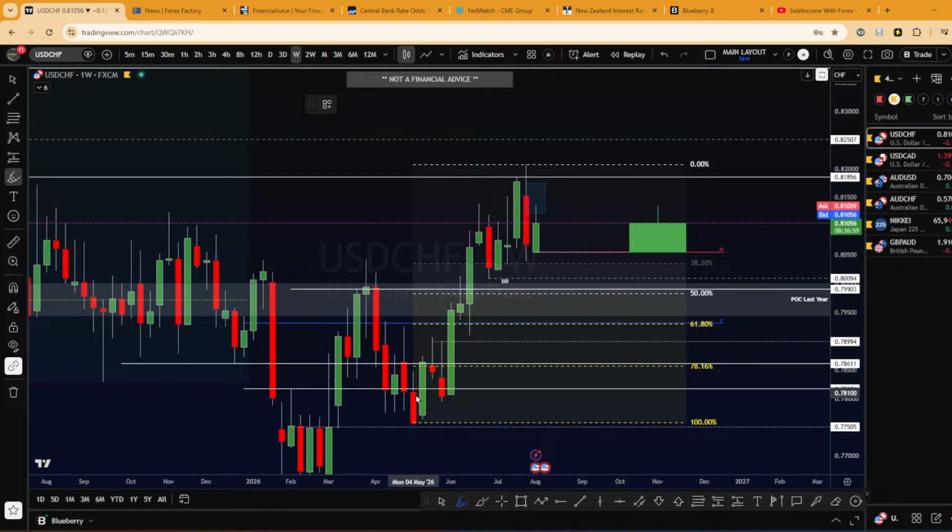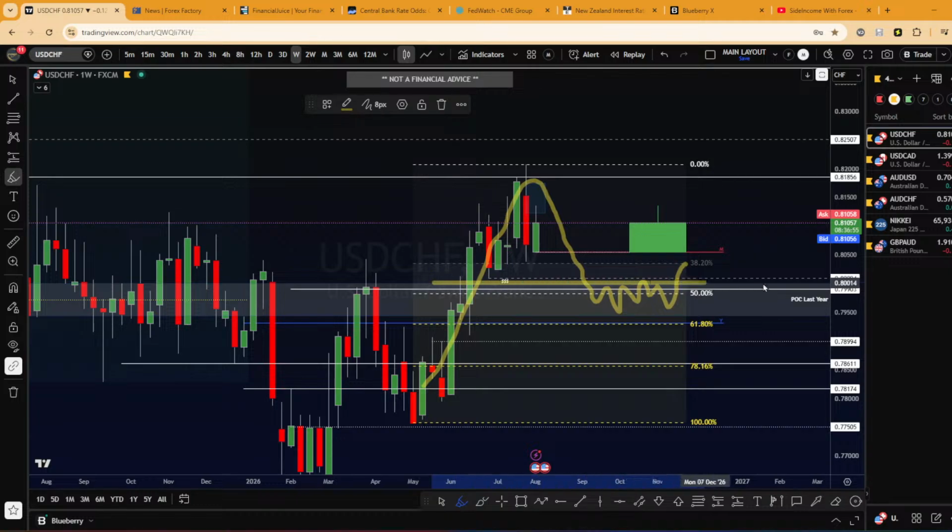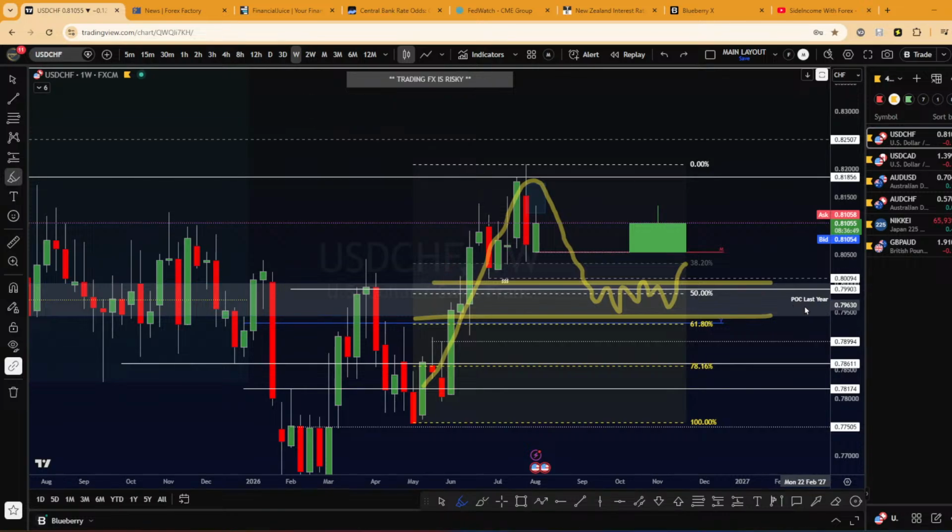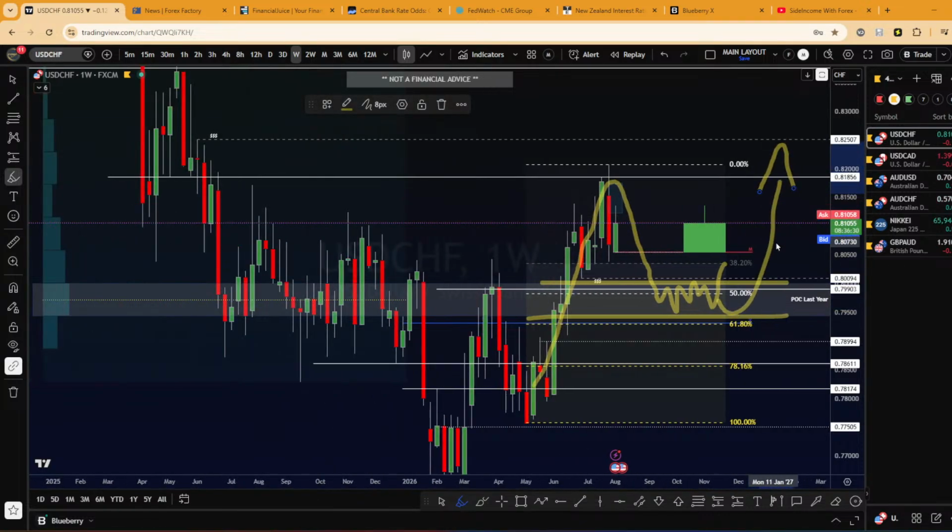We retrace around here, we hold above this gray zone, which represents the point of control from last year. I'm using a volume profile to mark this up. For those of you who don't know that, go look at my previous weekly market outlook video, I explain all that.